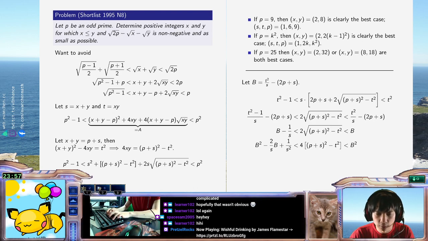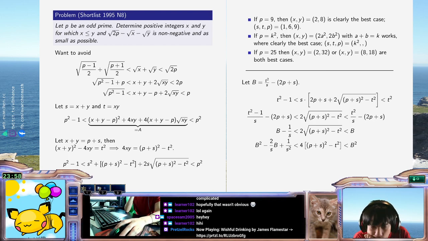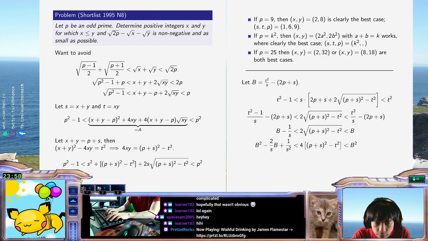Oh, for fuck's sake. S is k squared. Four, a squared, b squared. What is p plus s in this case?